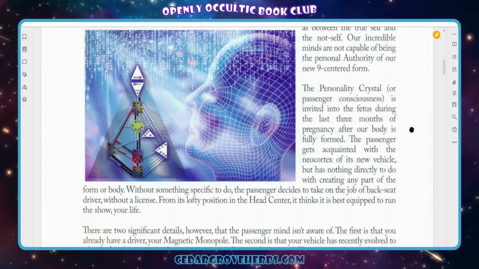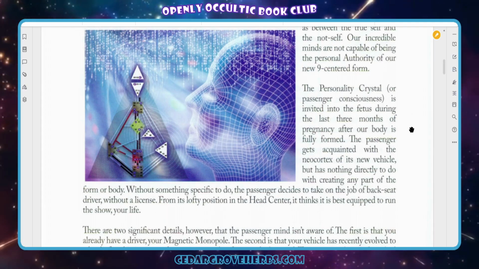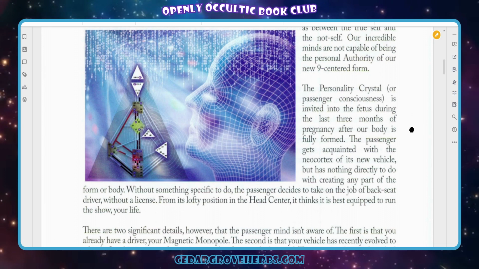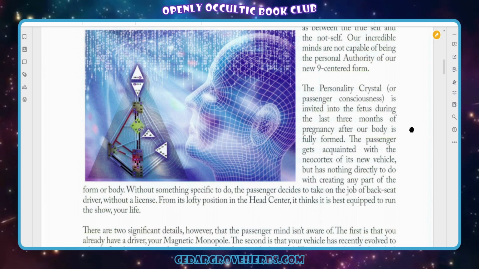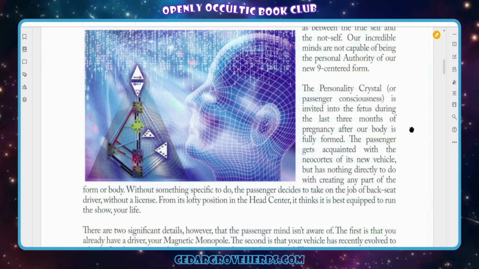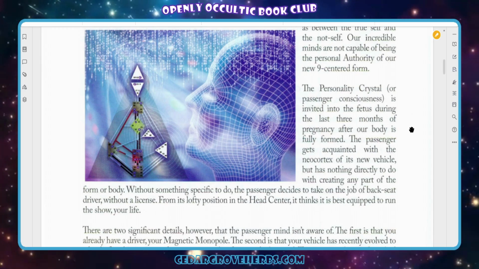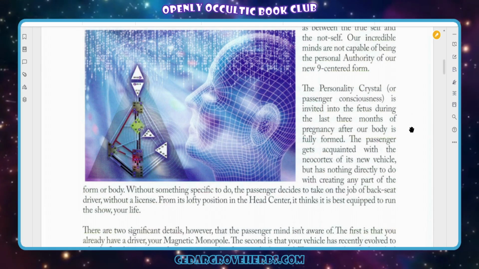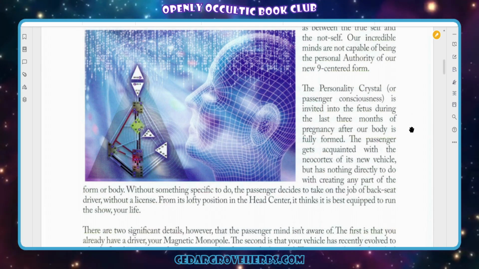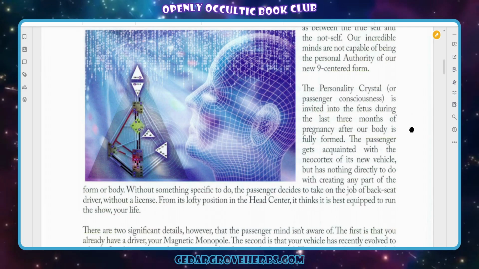I take hard taki every day. It's called Yogi Superfood. It opens the third eye. I take it every day, and it's great. But I say that to say the personality crystal, I believe it's a real thing. I believe the magnetic monopole is a real thing.